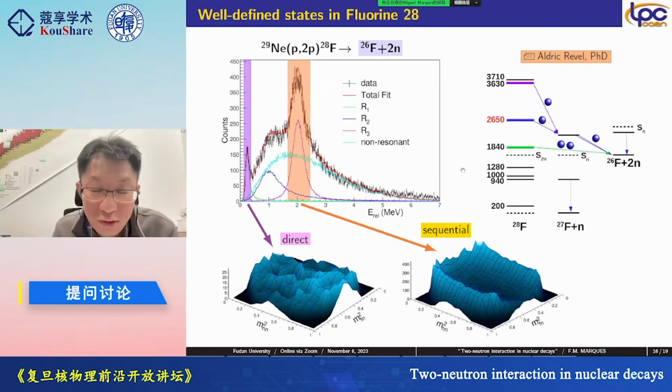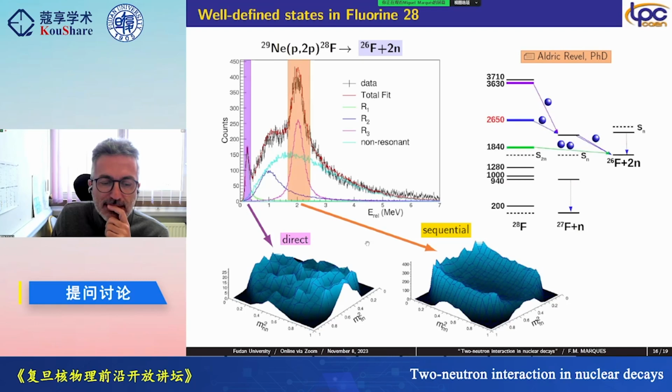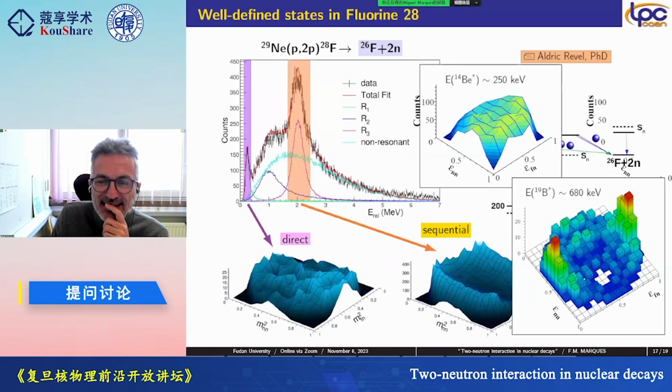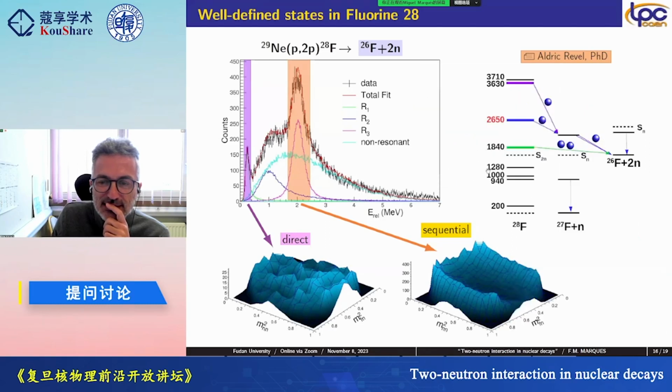Yeah. So which one is dominant? 1 proton decay or 2 proton decay for this? I should check. I don't remember, but I know there is a significant branch because we could use these two states to reevaluate the mass of fluorine-27. This is in Aldrich's paper.